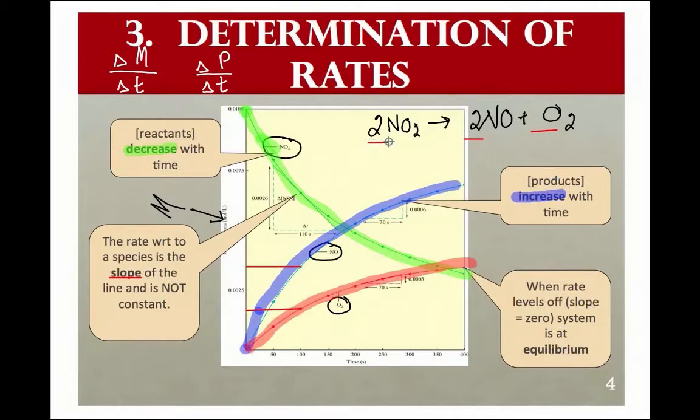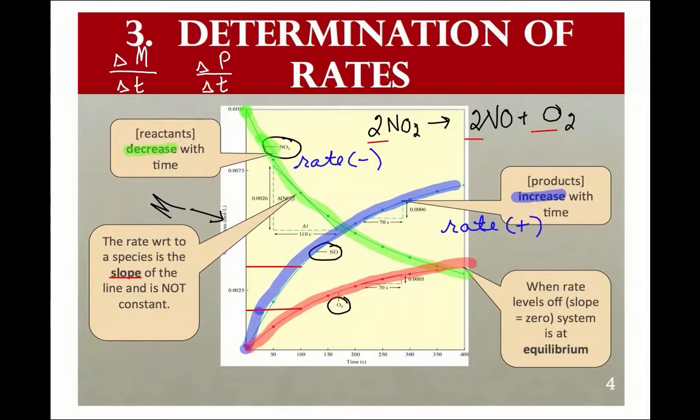And you notice, I hope, a 1-to-1 correlation between the NO2 and the NO. Now, since concentrations are a loss, the rate for our reactant is going to be a negative value, and the rates for our products are going to be positive values.